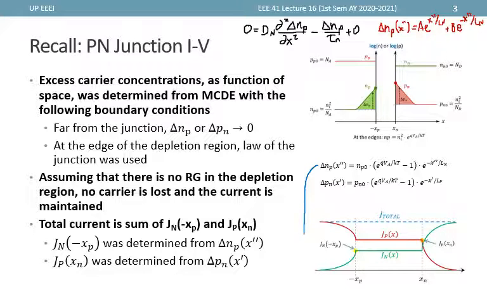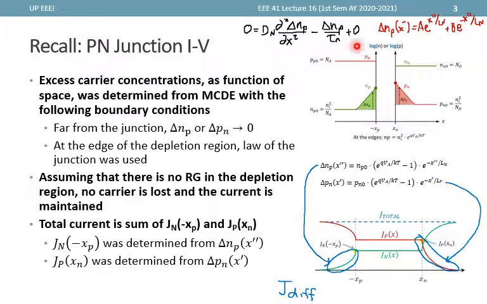So this one was used to derive this portion here, while this one was used to derive this portion right here. And what was used were the J diff current equations. So for n-type, q Dn times the derivative of delta n with respect to x. Since the current at this point is constant under this no RG assumption, we simply sum these two values to get the total current, which must be constant throughout the junction.